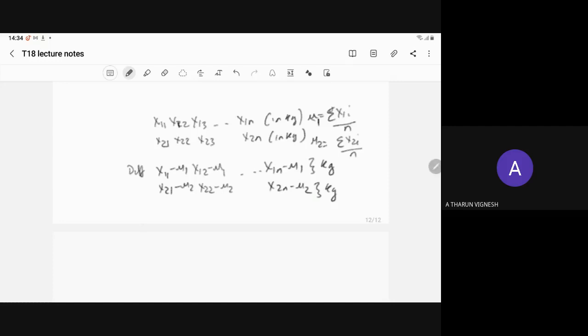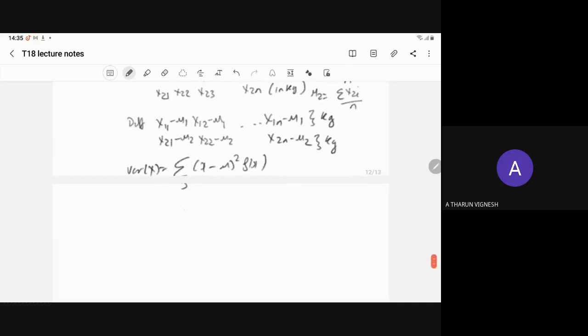Now when we are computing the variance, variance of x is the summation of x minus mu whole square into f(x). It means we are computing x11 minus mu1 whole square plus x12 minus mu1 whole square plus up to x1n minus mu1 whole square.